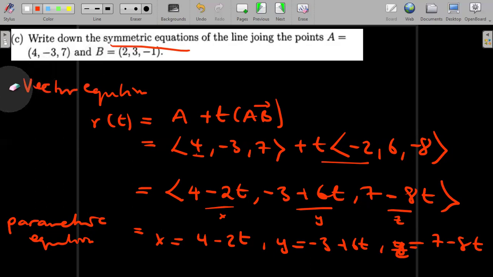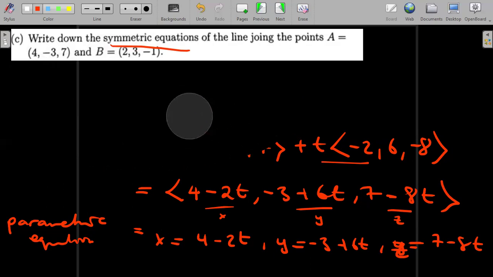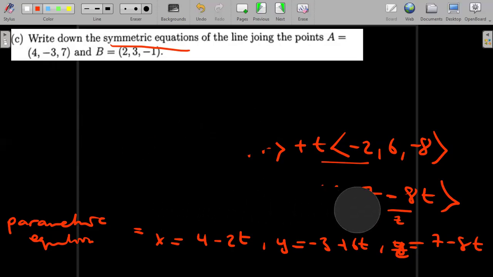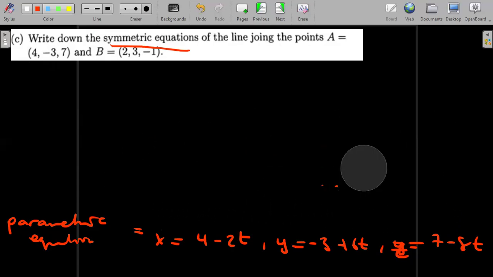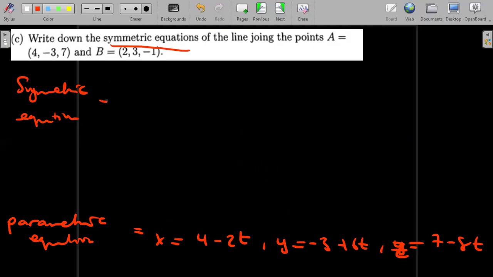Now, how do I get the symmetric equation? To get the symmetric equation, you just make t the subject of the formula. So in each case, when I make t the subject, t is equal to x minus 4 over negative 2.